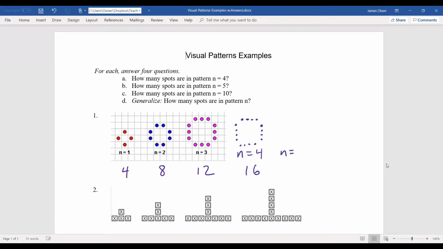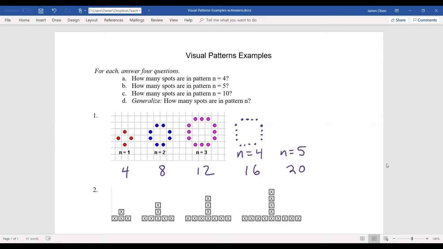For n equals 5, you might think about what the number of spots is going to be. That's going to be 20. Now, we've got lots of nice patterns going on here. Numerically, it certainly looks like we're adding 4, but the question is why? Well, there's a couple of reasons. One explanation is that we have 4 sides in our figure, and each time we're adding 1 spot.